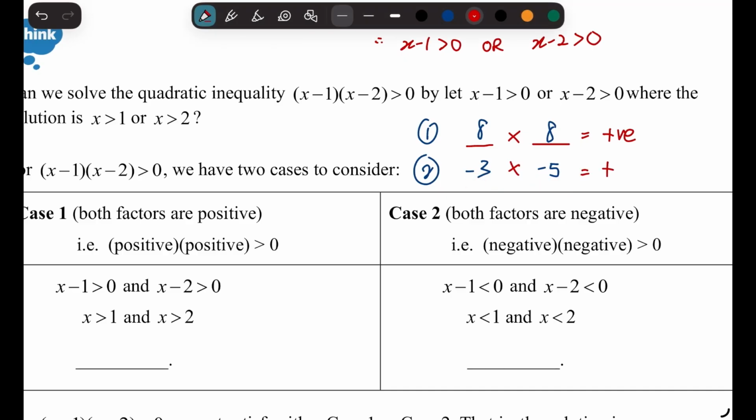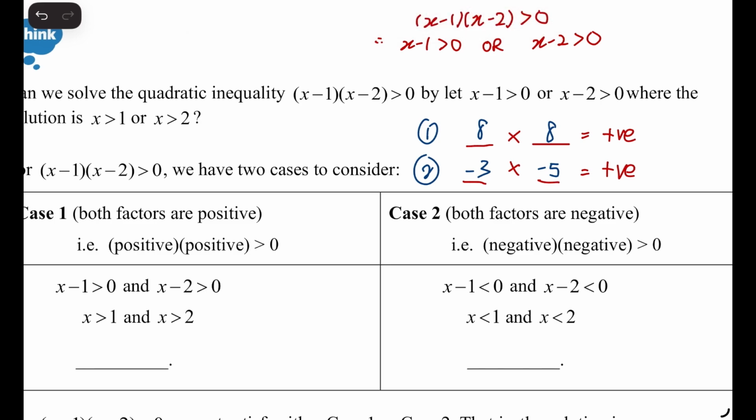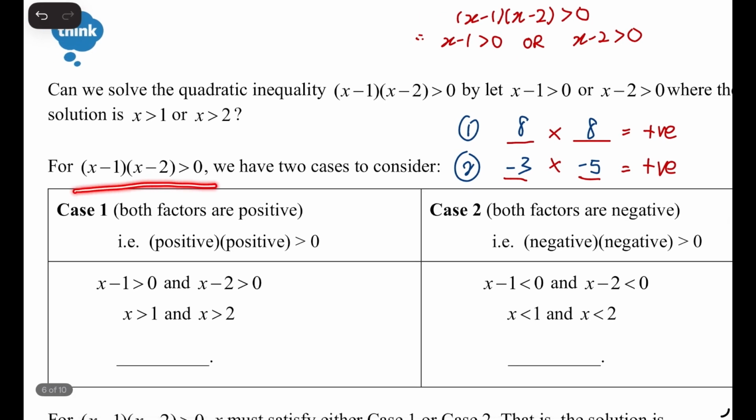So there are two cases when something times something gives a positive number: both factors must be positive, or both factors must be negative. So for x minus 1 times x minus 2 to be more than 0, x minus 1 and x minus 2 must both be positive, or both be negative.